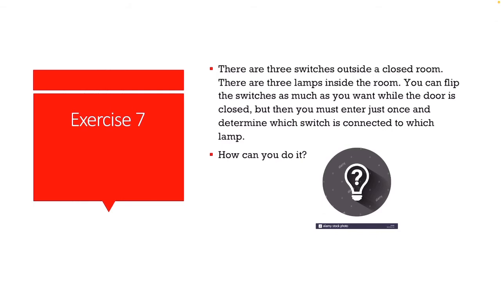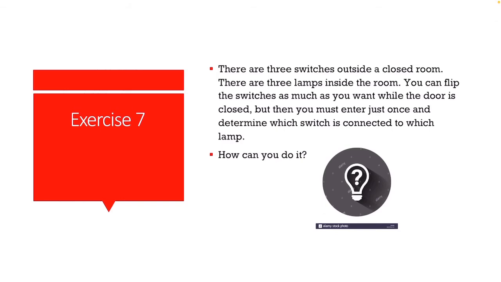See, first of all, switch the first lamp on for a minute, then turn it off, and turn on the second lamp. After that, you have to enter the room only once.